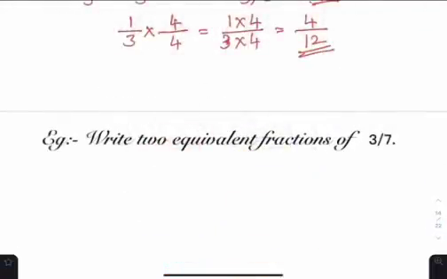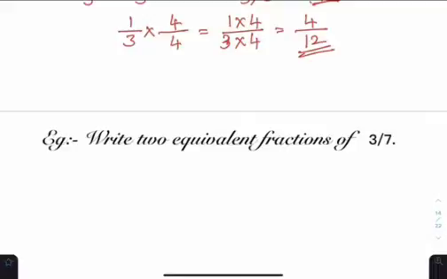Now, for an example to clarify, write two equivalent fractions of 3 by 7. 3 by 7 is the fraction. Now, how do we find equivalent fractions? As we discussed earlier, children, we will multiply both numerator and denominator with the same number and find the equivalent fractions.